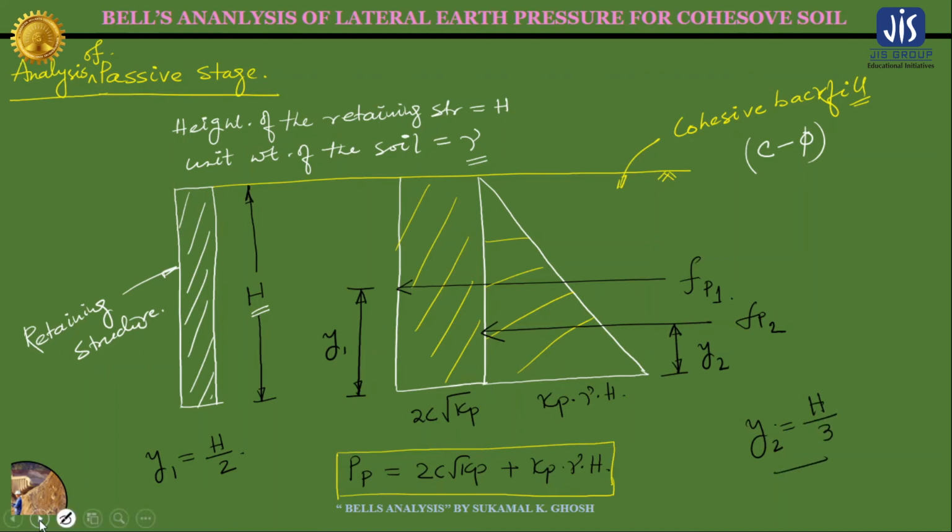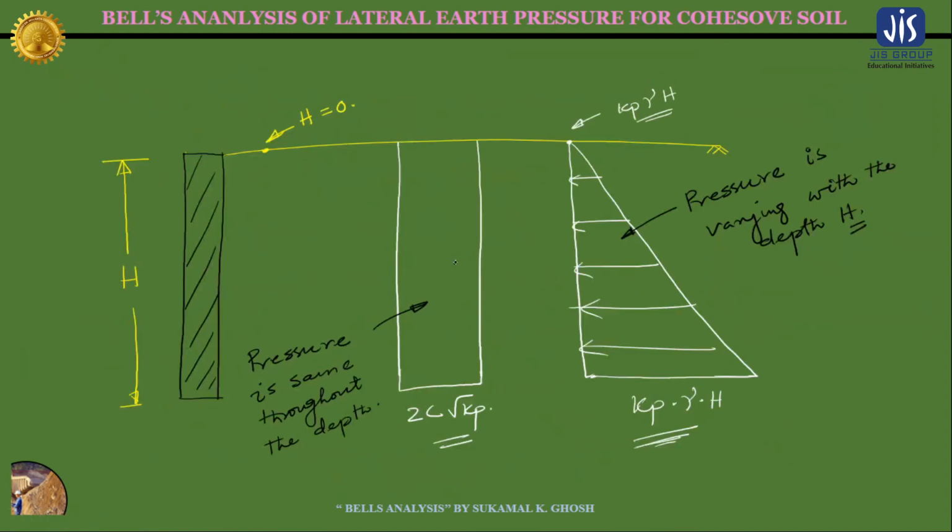So what I actually want to mean, see, this is the rectangular pressure distribution diagram, so that is why at h by 2 depth a resultant force, that is Fp1, is acting, okay, and since this is the triangular distribution of pressure, the resultant force will act here at a depth of h by 3, right? So what will be the value of this Fp1?